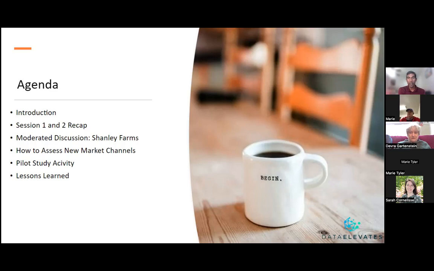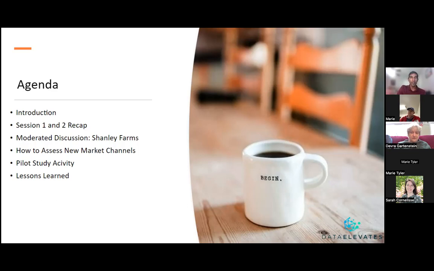Then we'll go into the key area of the session today, which is how to assess new market channels, a scientific approach that I think applies well to the situation many farmers have at hand. We'll also have a pilot study activity. And then we'll go into lessons learned, a recap, and some time for Q&A, given that this is the last session of this 3-part series.